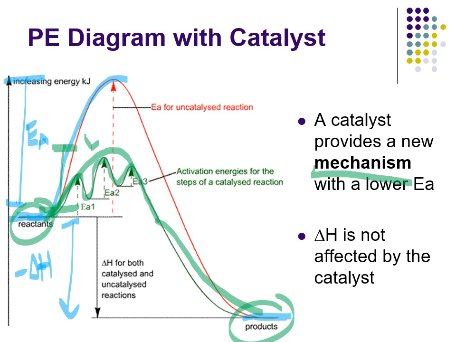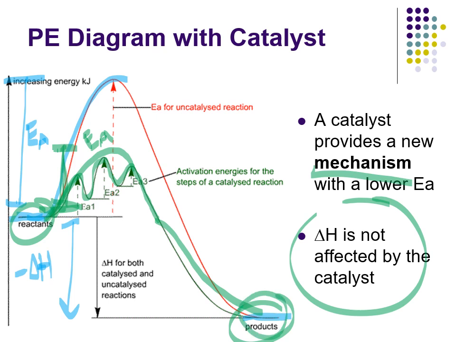And so if we looked at the Ea with the catalyst, it would be some amount less than the Ea without the catalyst. So the reaction and the delta H is not affected, but the pathway to get to the products is going to be easier or require less energy. It may have more steps involved, or it may somehow make it easier to break the bonds, but in one way or another, it reduces the activation energy needed to get to the products.